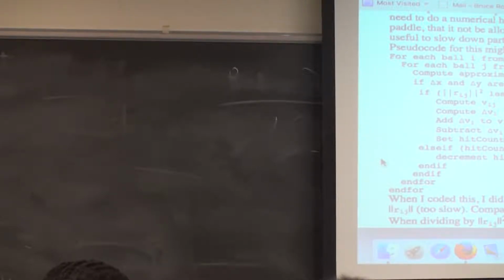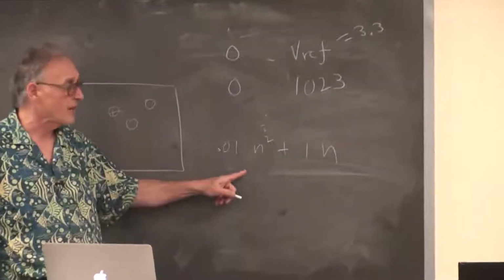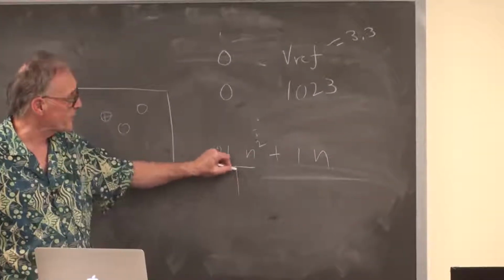In fact, calculating the interaction of the ball is going to be like 0.01 n squared plus 1n. There is an n squared term corresponding to every time you have to do the intersection, but only 1% or so of the balls are going to intersect on any given time step, and so that is a fairly small term.